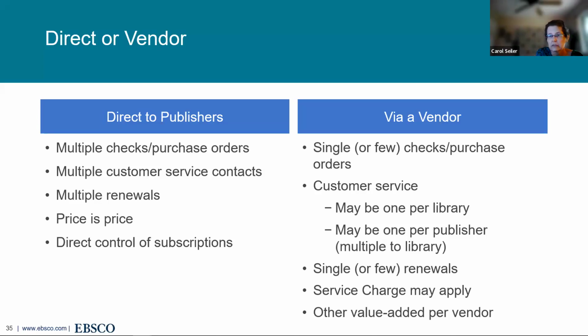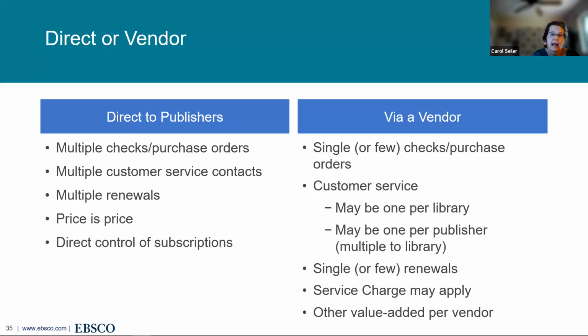With customer service, now this depends on the vendor. Some vendors have one customer service rep per library. So if I have a problem, I call Janice or Barbara or Sandra, and they take care of it.